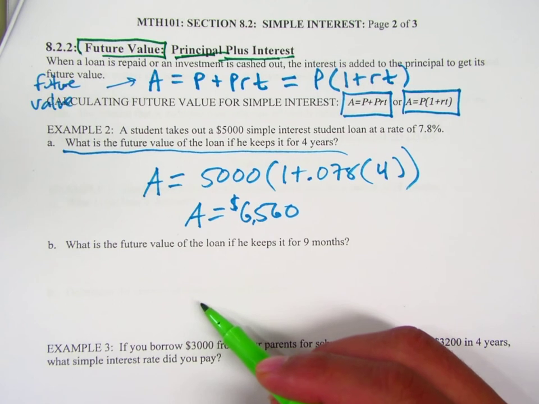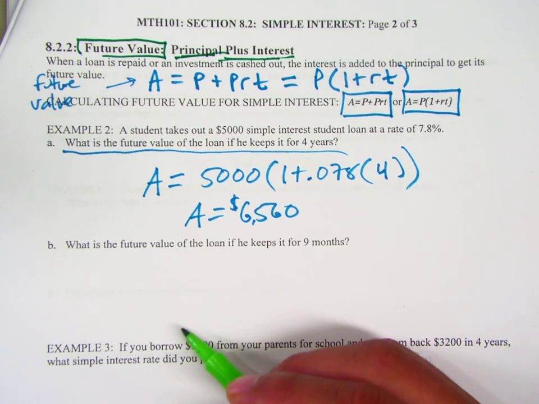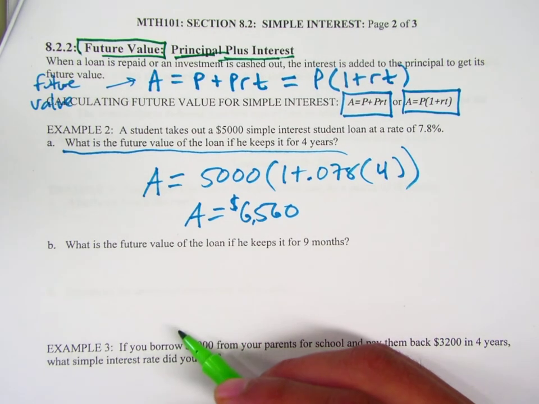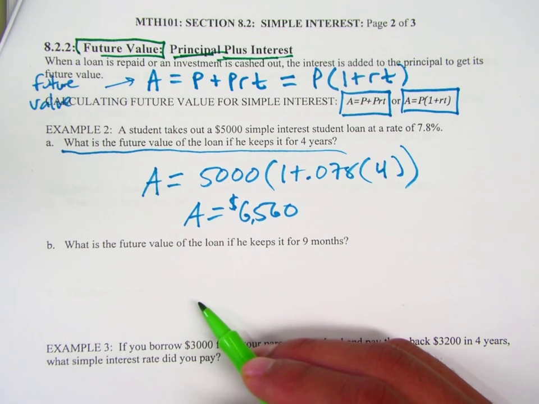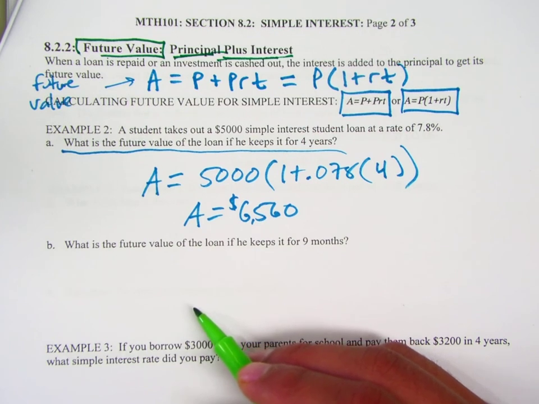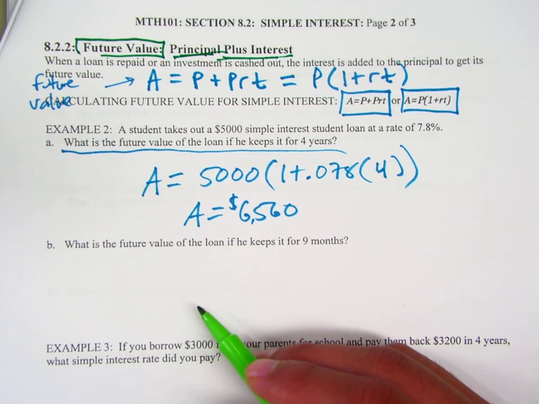All right. What are we getting? 4,000. So we're paying less than what we started with.